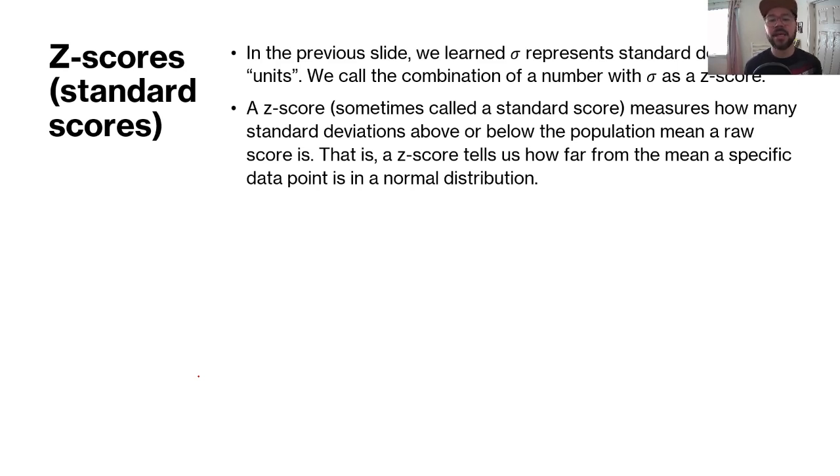That is to say that a z-score tells us how far from the mean a specific data point is in a normal distribution. In the normal distributions I've shown you up until this point, we have seen whole numbers as representative of certain markers along our normal curve. We saw 1 standard deviation below and above the mean, 2 standard deviations below and above the mean, 3 standard deviations below and above the mean.